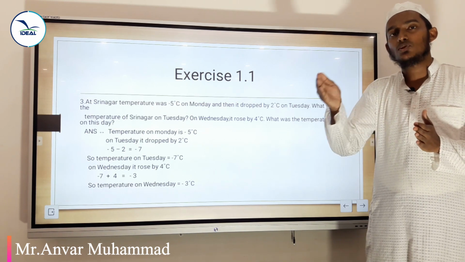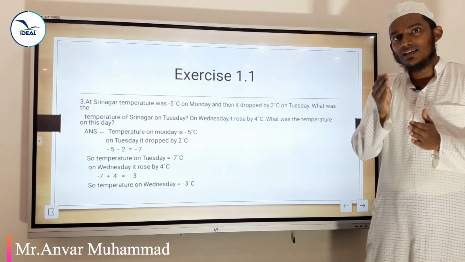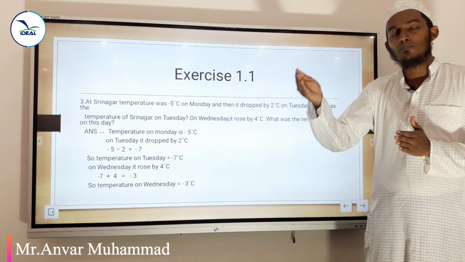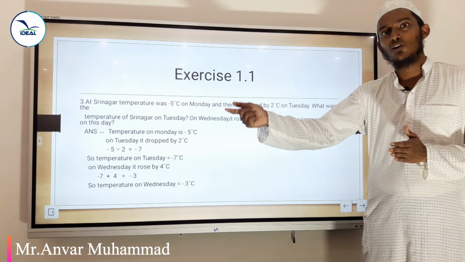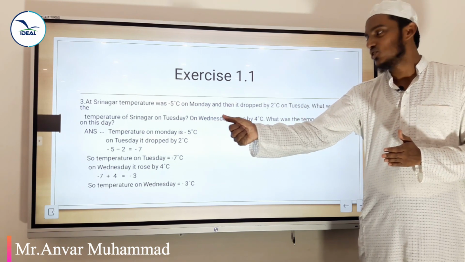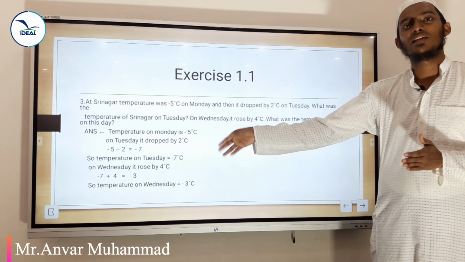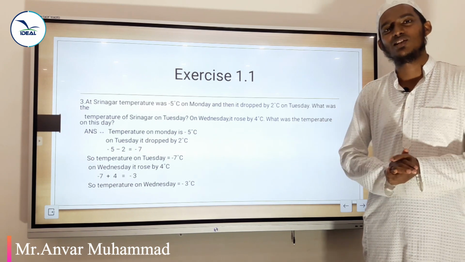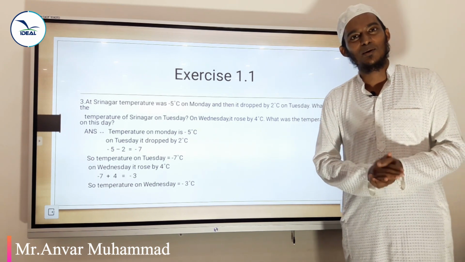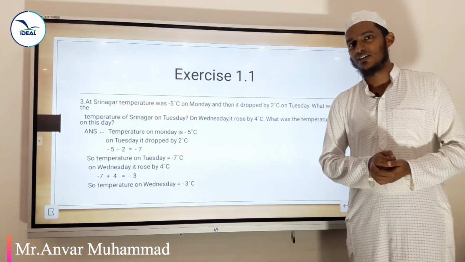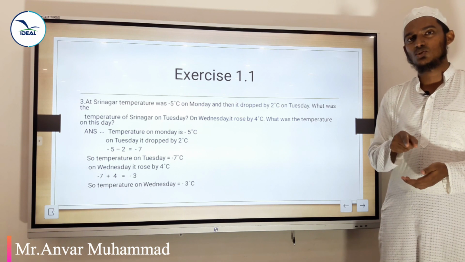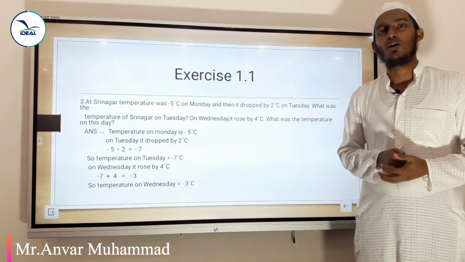You should move 4 places to the right. Again, I'm repeating it: -7, we move 1 place to the right, -6, -5, -4, and -3. So -7 plus 4, the answer is -3. So what is the temperature on Wednesday? -3 degrees Celsius. I hope it is very clear for you because you have understood the previous 4 important points.